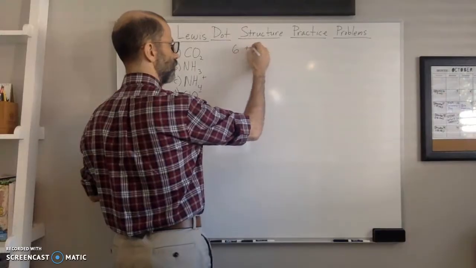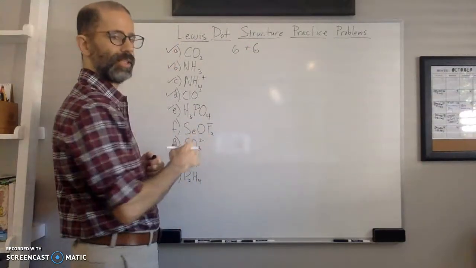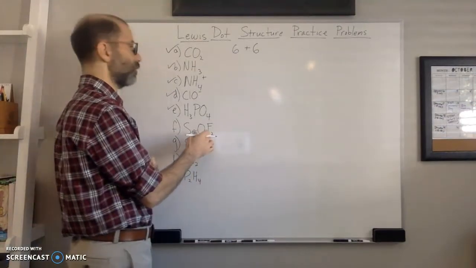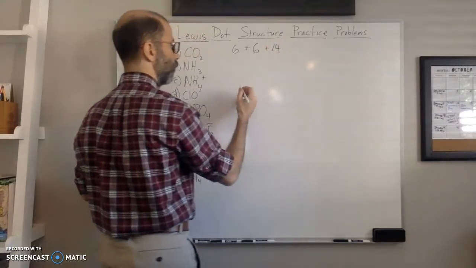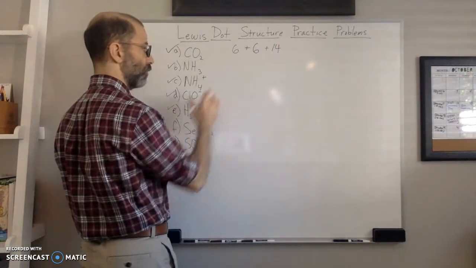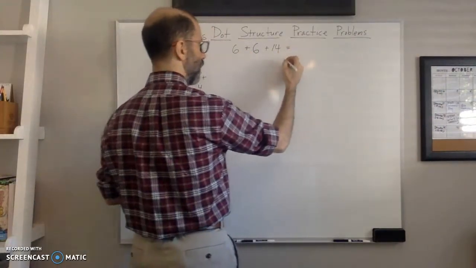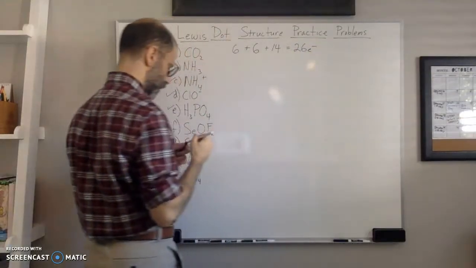Oxygen is in group 6, so it has 6 valence electrons. And fluorine is in group 7, so it has 7 valence electrons, and we have 2, so that's 14. So plus 14 for the fluorine. There's no charge, so we don't have to worry about adding or subtracting. So we add these together, and you get 26 electrons.